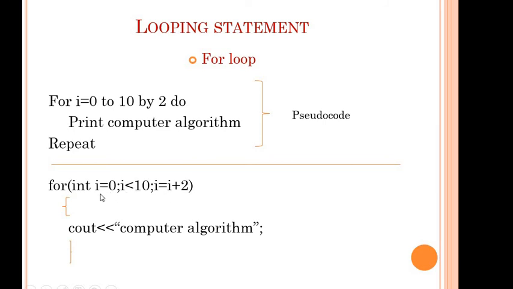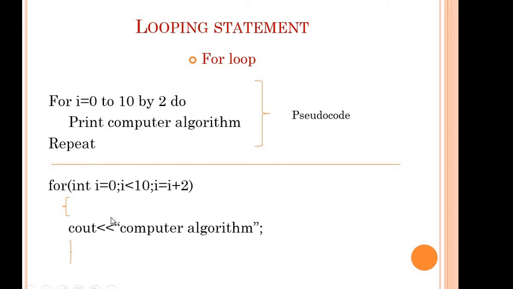Here I is initialized with the value 0. It is incremented by 2 each time. The condition is I should be less than 10. If the condition is true, this line is executed. According to our example, this statement is going to execute 5 times.